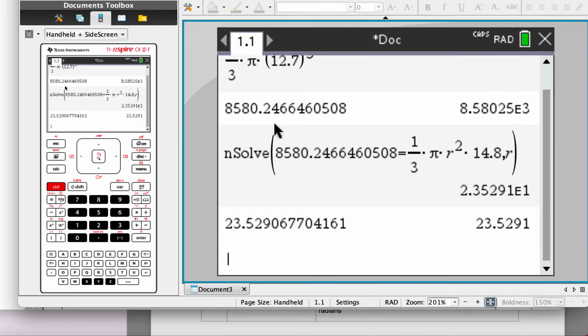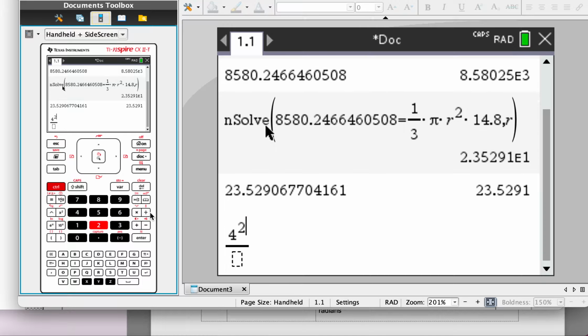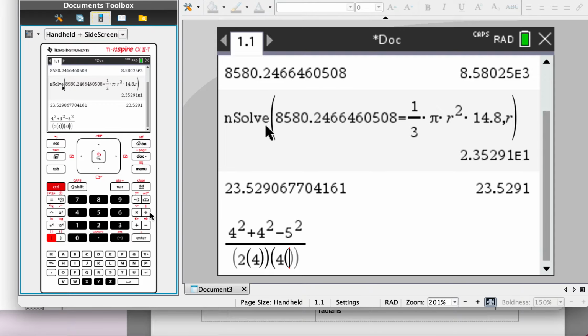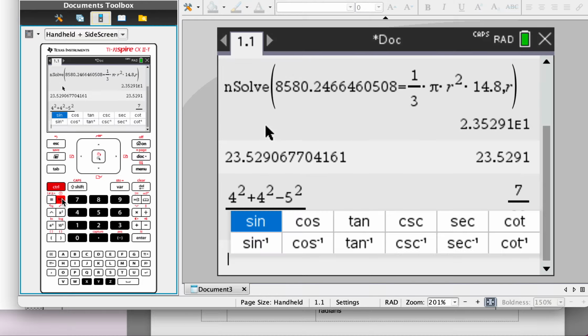So I'll do it as a fraction first, you could do it in one step, but I'm going to do it in more steps. 4 squared plus 4 squared minus 5 squared over 2 times 4 times 4. Oh, and I messed something up here. Okay, so that is that, and then we need to find the inverse of cos here.